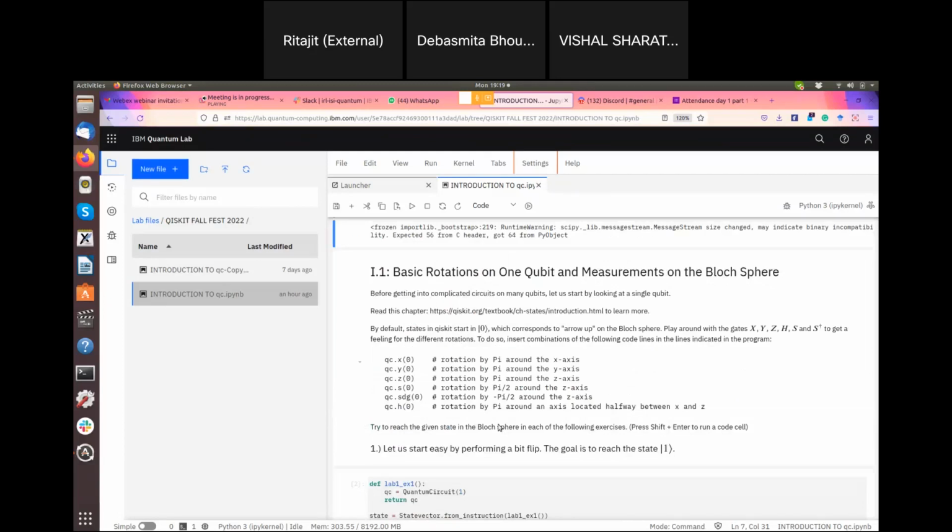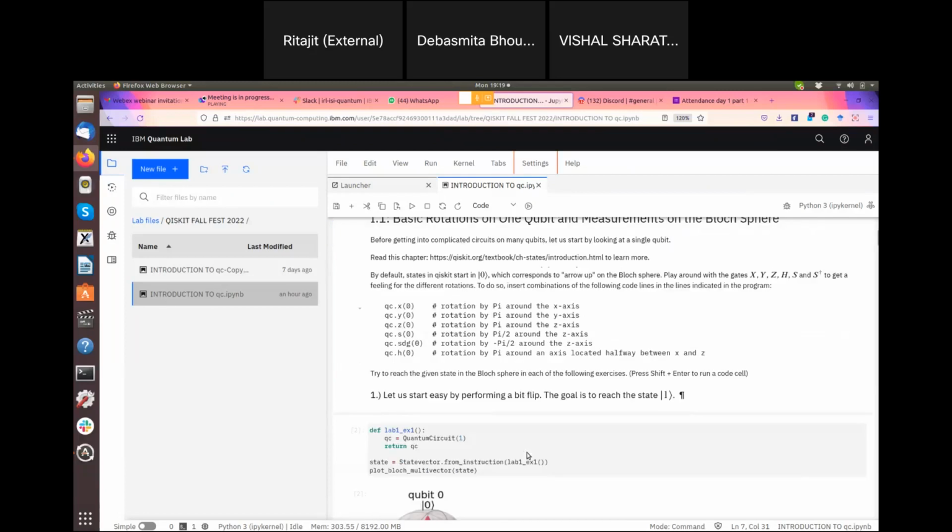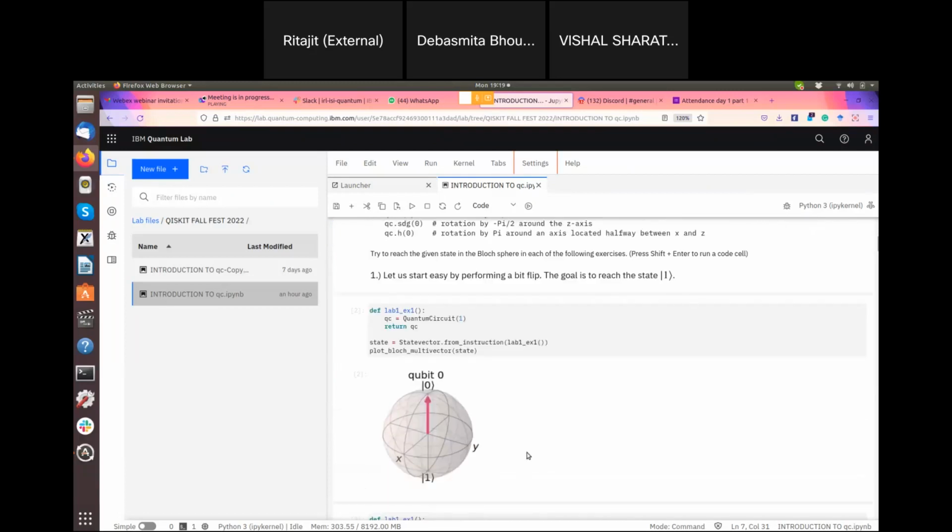So first, let's consider the X gate, which is like a quantum NOT gate. In the classical NOT gate, 0 becomes 1, 1 becomes 0. So how does this happen in quantum? I think you have already seen this picture in your previous tutorial. This is a Bloch sphere notation where the qubit is currently in the 0 state.